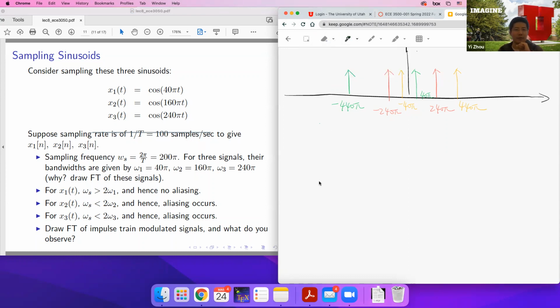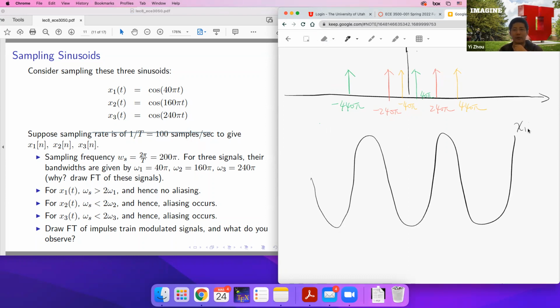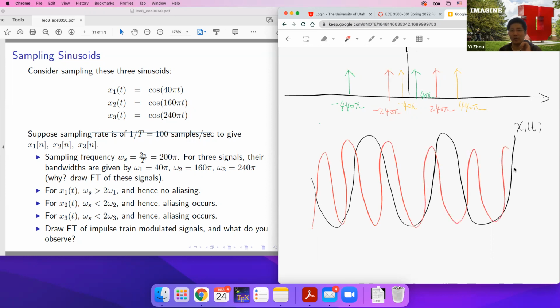And it might be hard to visualize this here, but to give you a very intuitive idea, let's say this is x1(t), and the other one x2(t), the frequency is higher, so we have more periods. And let's suppose this is x3(t).